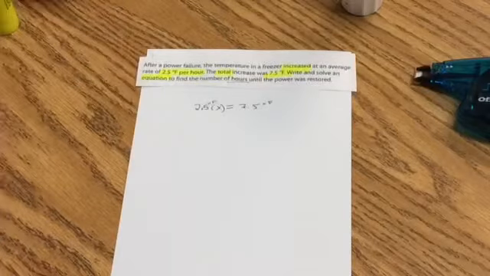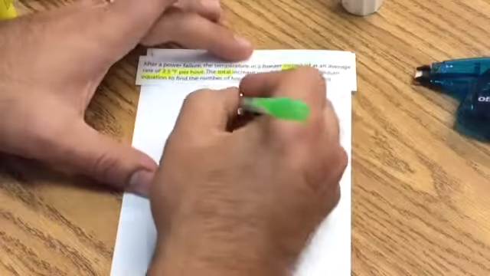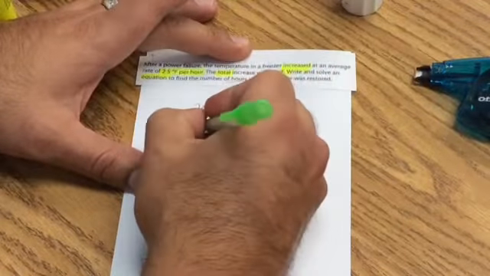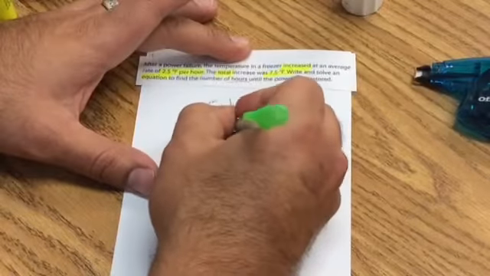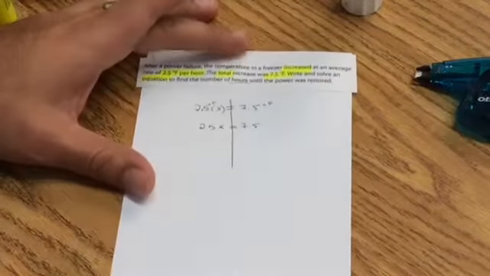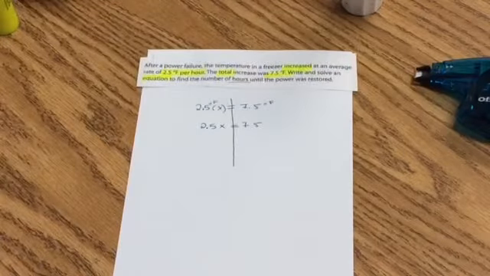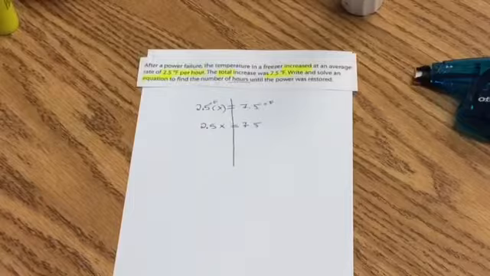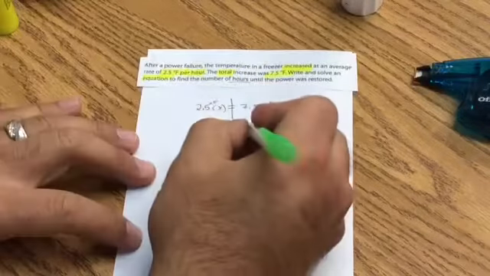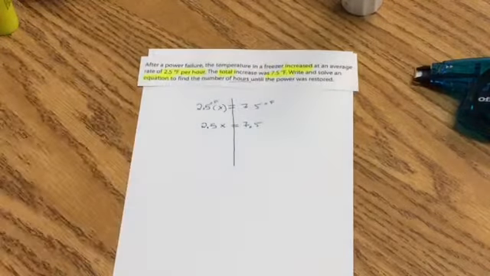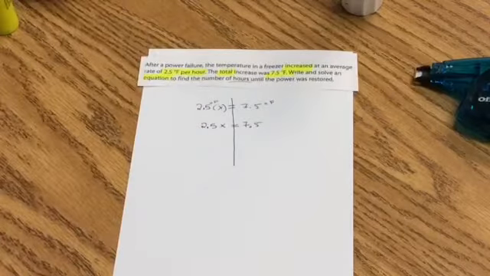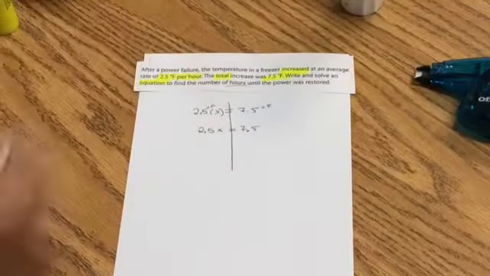Now, this is kind of hard to solve with all this extra stuff in it. So I'm going to rewrite this so that it looks like an equation that we can solve easily. One of the things that I tell my students is decimals are just numbers with little dots in between, but sometimes there's an easier way to do this if decimals freak you out a little bit. So I have 2.5 here and I have 7.5.